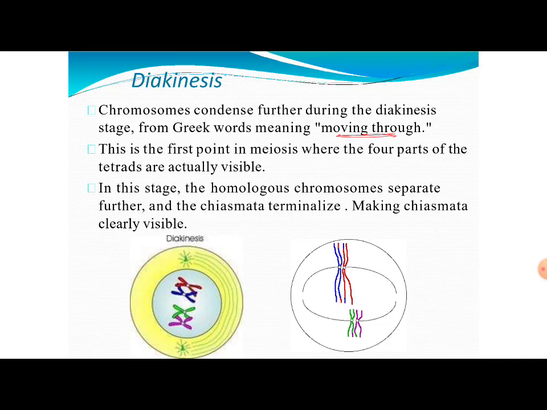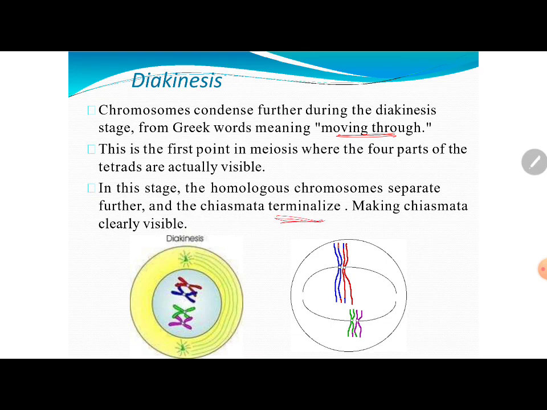So during this condensation only, this exchange of material between both the chromosomes takes place, between the non-sister chromatids. Okay, so in this stage, the homologous chromosomes separate further and the chiasmata terminalize.